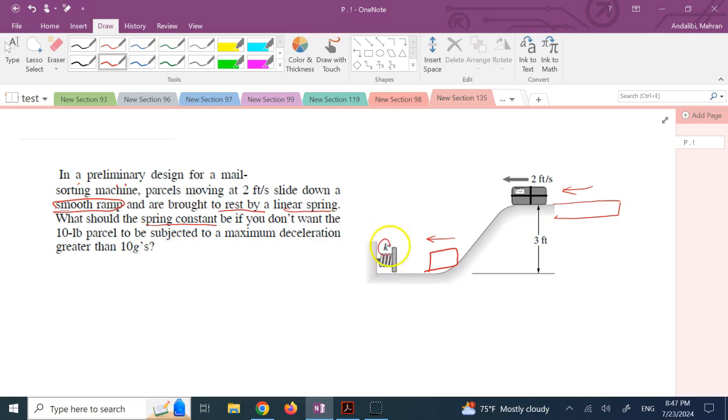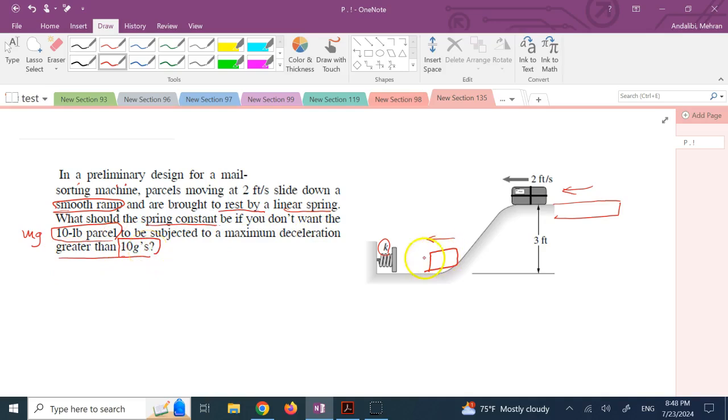In this case, this k is unknown, such that the 10-pound parcel, so here the weight mg is 10 pounds, although you can go up to 50 pounds in international flights, will not be subjected to a maximum deceleration greater than 10g.